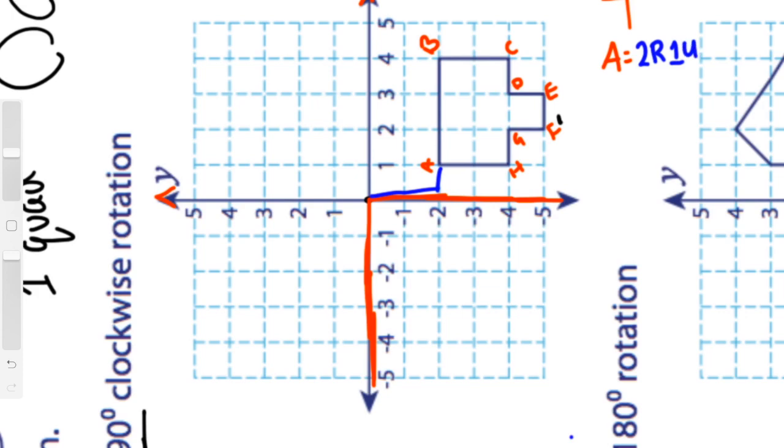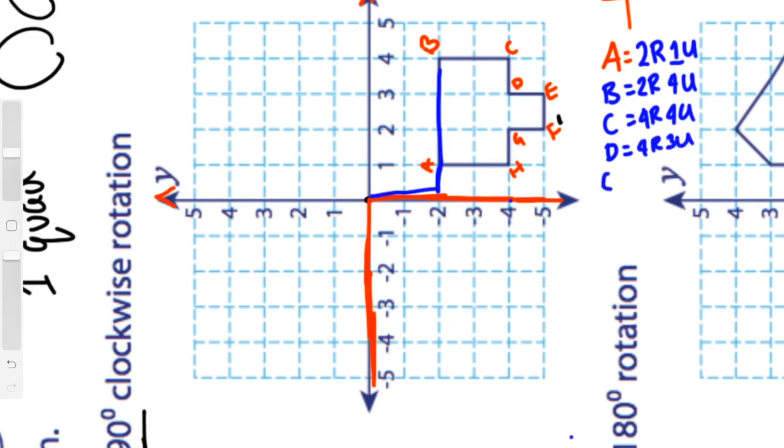To get to B is 2 to the right and 1, 2, 3, 4 up. Do you see what I'm doing? C is 4 to the right and 4 up. D, 4 right, 3 up.